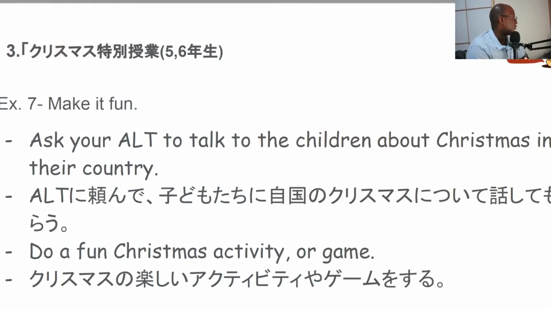What you should do is ask your ALT to talk to your students about Christmas in their country. Ask your ALT to give a speech: Christmas in Australia, Christmas in the Philippines, Christmas in Canada, Christmas in Kenya, or Christmas in America.